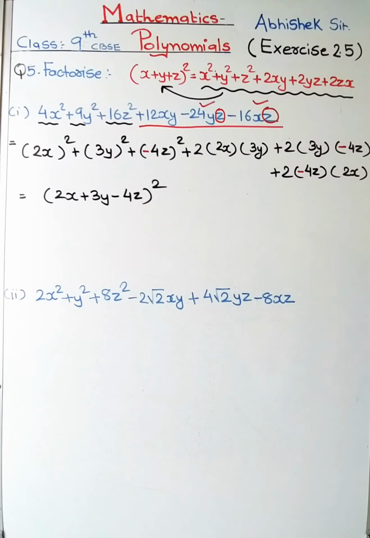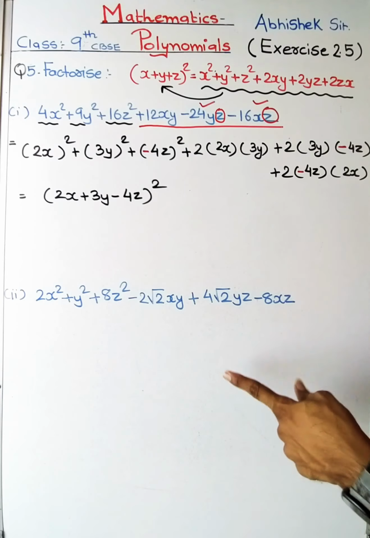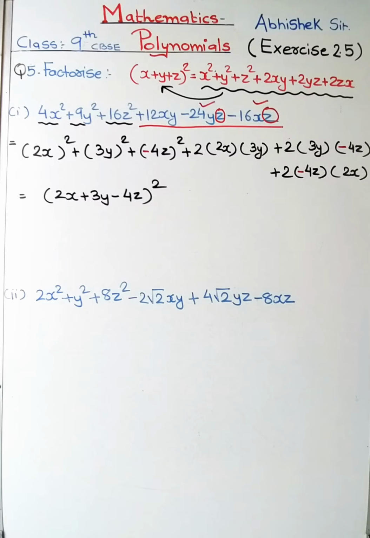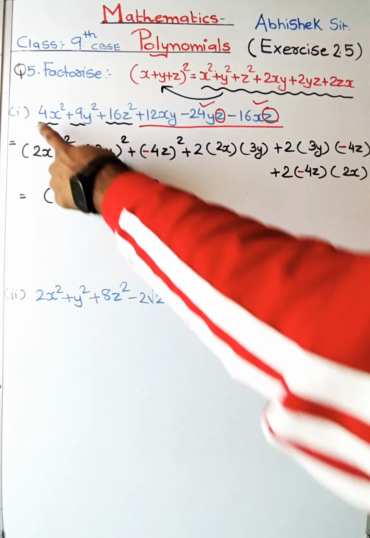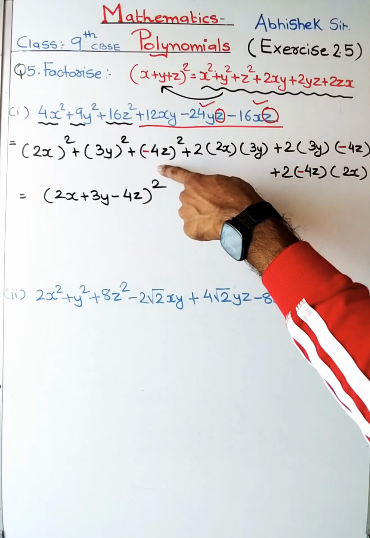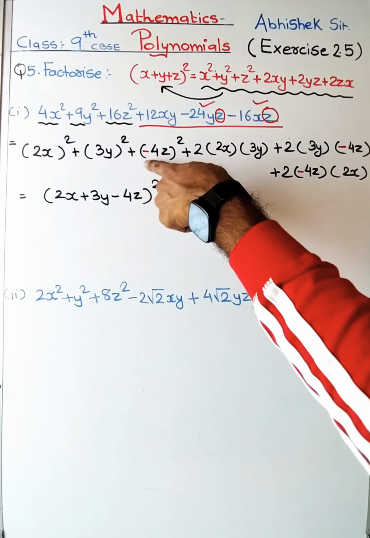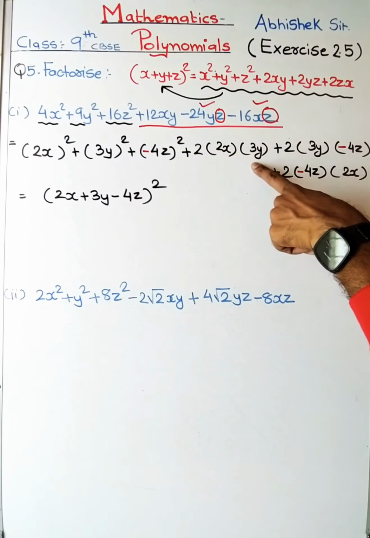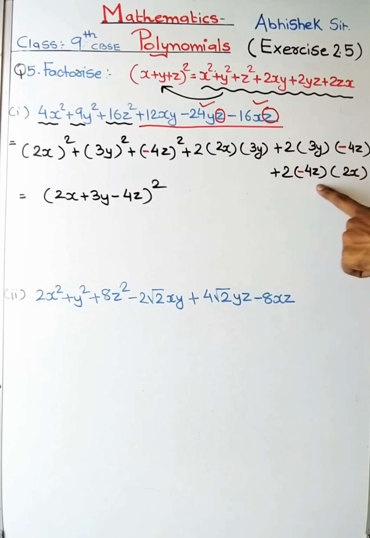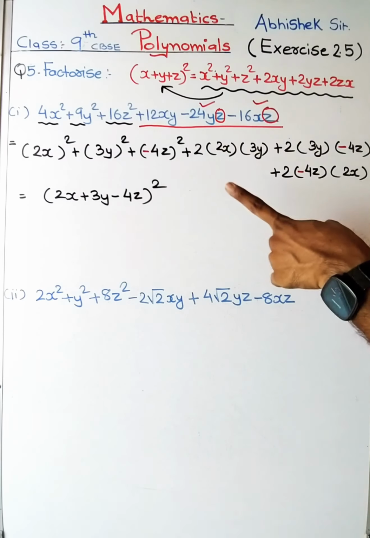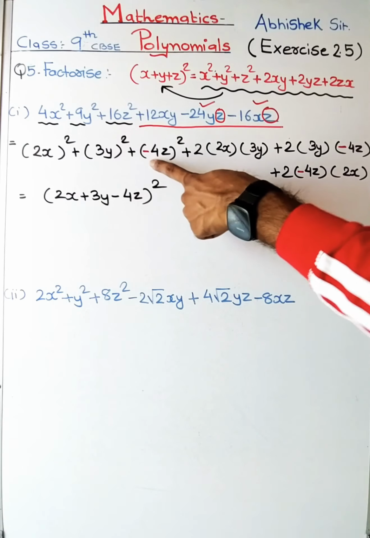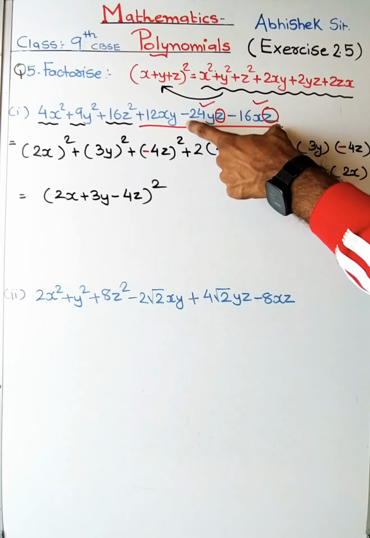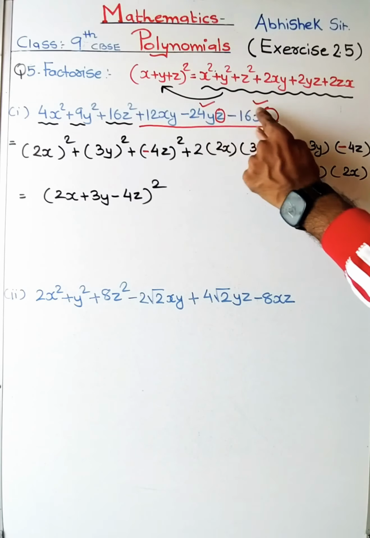Clear? Following the same thing in the second question, but before that let us revise what we did. The first three terms, we wrote the square roots. Okay, we kept the bracket and we kept space. Then plus 2 into first two terms, 2 into next two terms, and 2 into next two terms. Clear? Now very main step. For minus sign, what we saw: terms containing minus and the common variable.